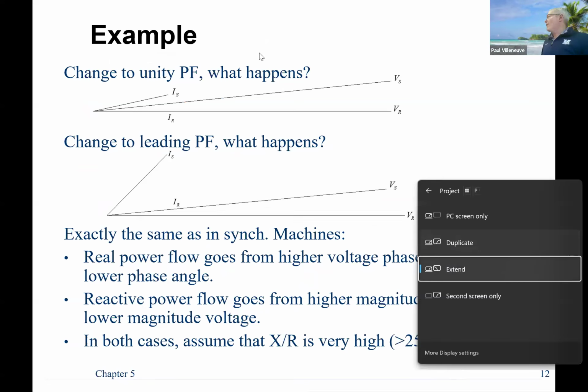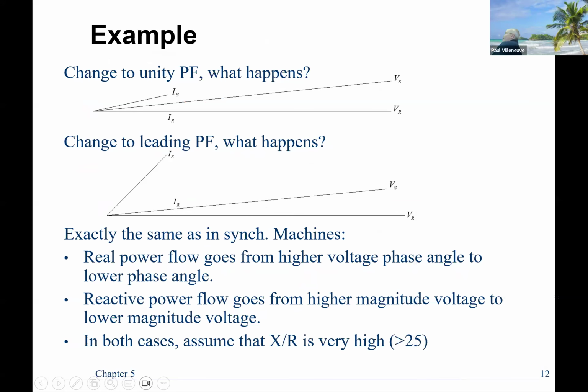So a unity power factor, which means that the load is at unity, you can see that VS has a higher angle than VR. So I'm still moving power. Unity power factor means all of the load is all real power, but there's no reactive power there. So you can see that the magnitudes are pretty close to the same, but the angle is still positive.